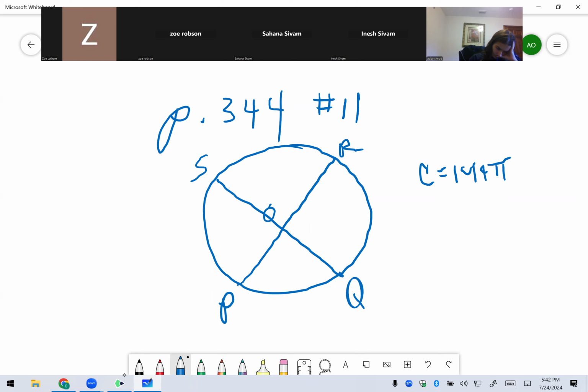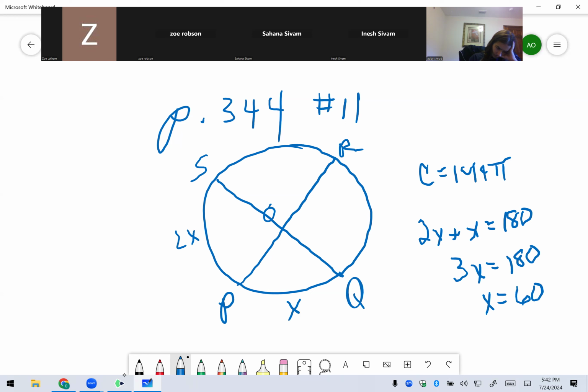The arc PS is twice the length of arc PQ. My drawing doesn't show this. That's 2x, and this will be x. So we know that 2x plus x equals 180. 3x is 180, so x is 60.